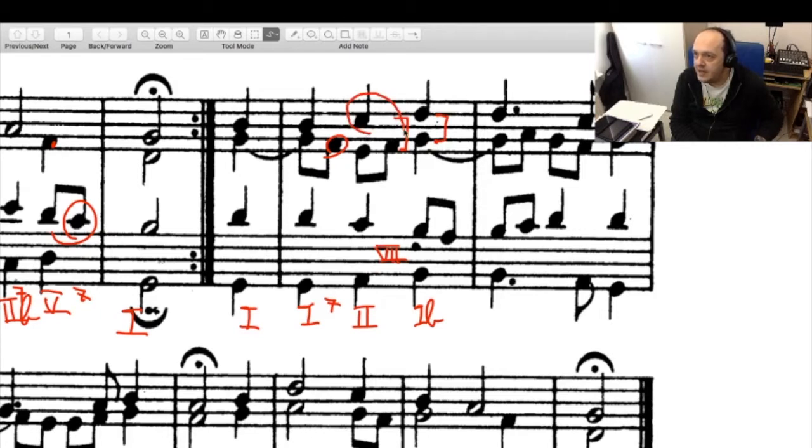However, this is a diminished fifth, and it's not a parallel. It's perfect fifths that we must be careful of. A diminished fifth to a perfect fifth is perfectly fine. Okay. Next.